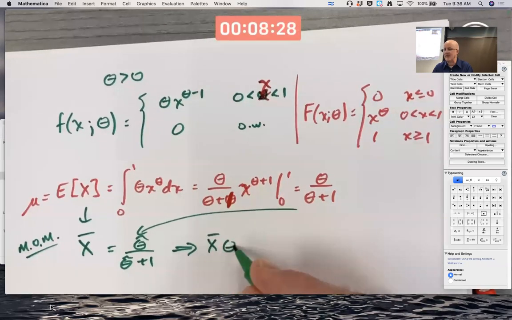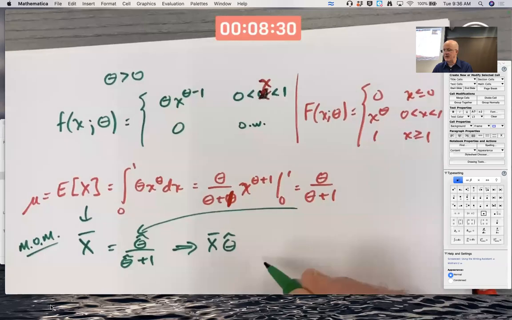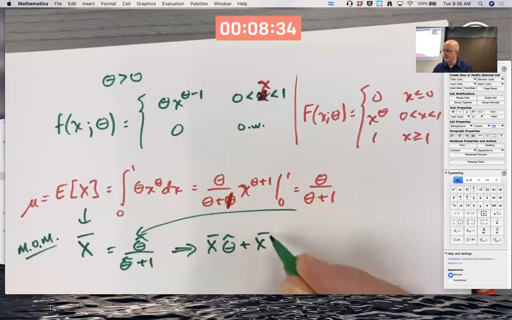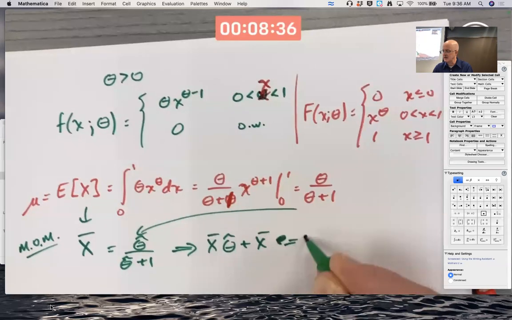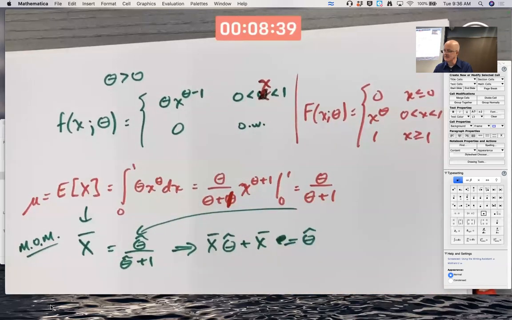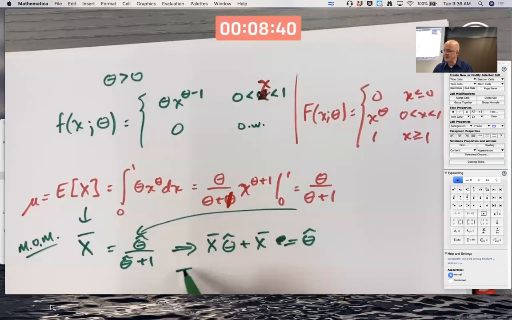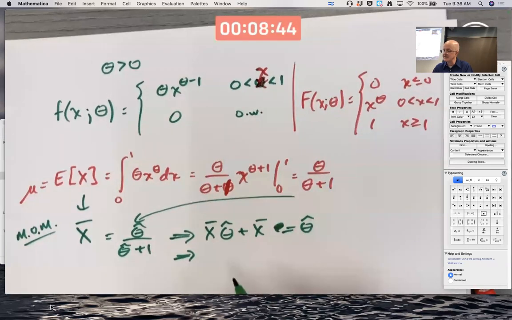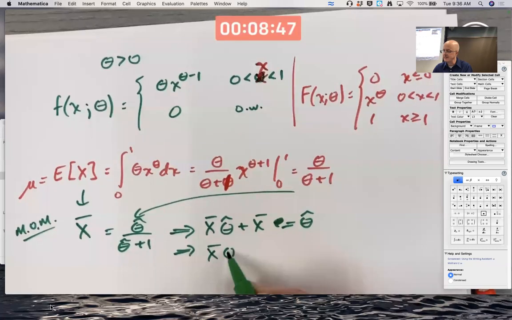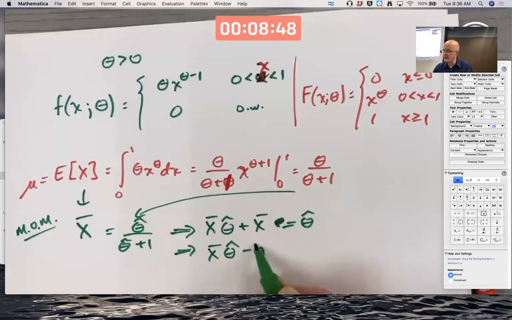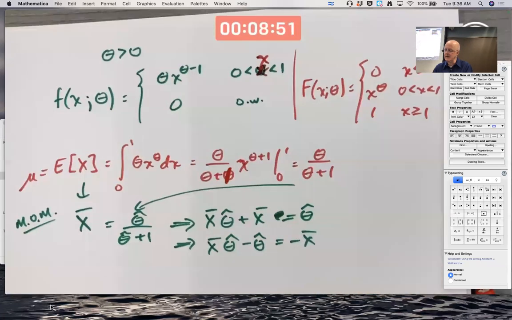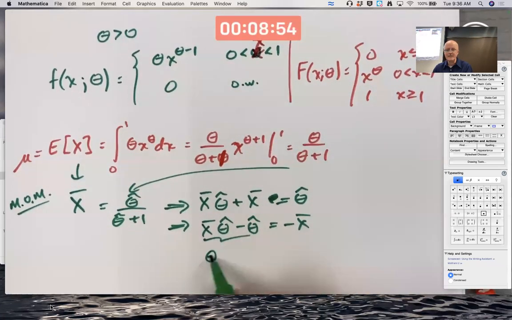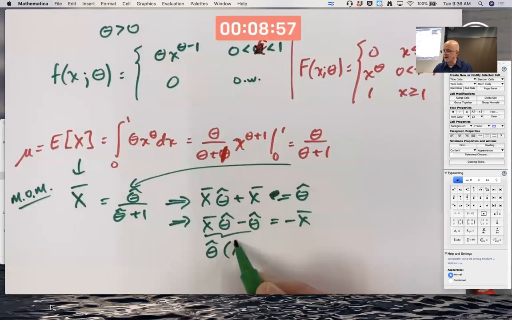Well, not necessarily. Multiply both sides by theta hat plus 1. Solve for theta hat. So subtract theta hat from both sides and also subtract x bar from both sides. Here I can factor out a theta hat. This is theta hat times x bar minus 1.